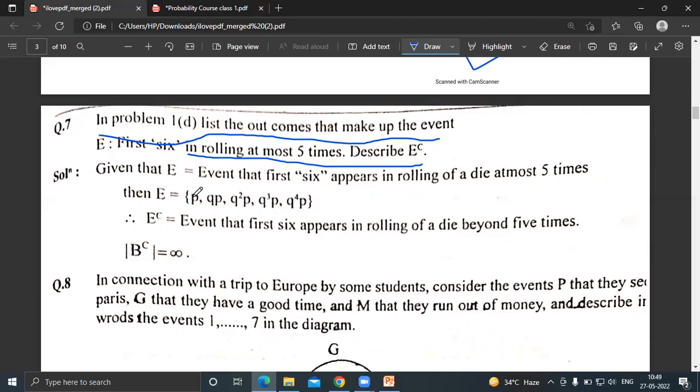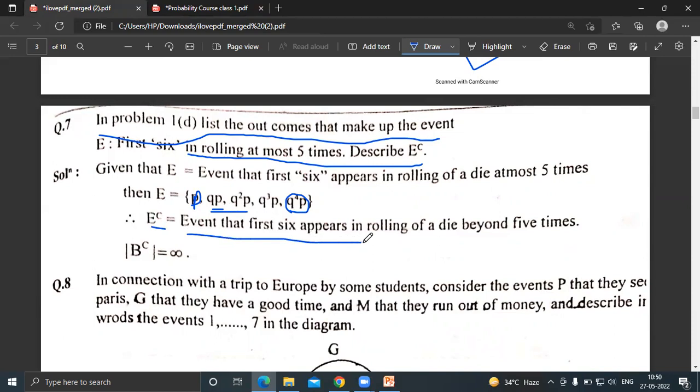So that means if we find a 6 in the first roll, we stop. That is P. If no 6 appears in the first roll, then we go to our next roll, that is QP. So maximum we have to write up to 5 times. So E is this, and what is E complement?